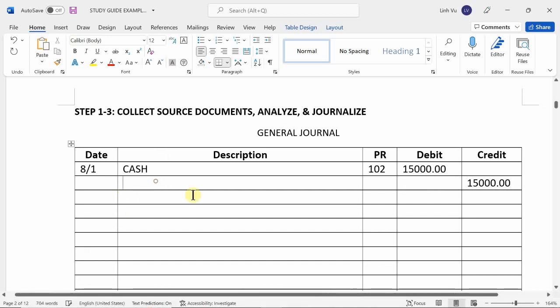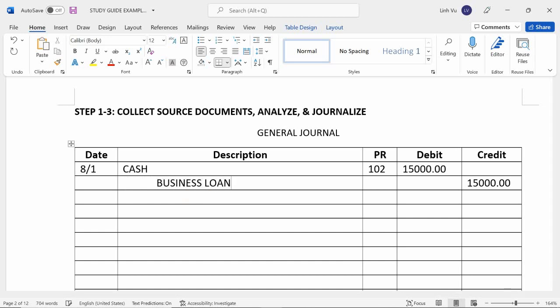And if you want to put descriptions, you can.